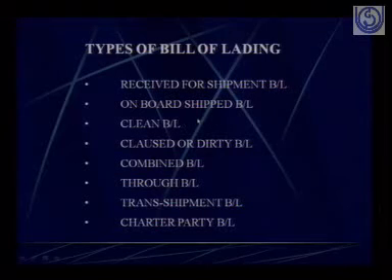Third is clean bill of lading. Clean bill of lading is where there is no clause being incorporated in the bill of lading, and always remember that you should always receive clean bill of lading. Next is your closed or dirty bill of lading.